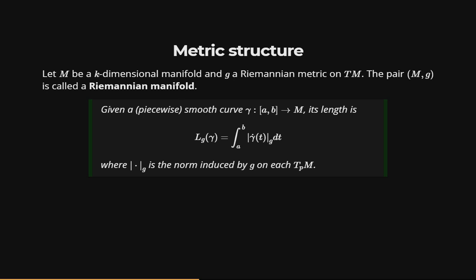Given a piecewise smooth curve gamma from A to B into M, its length with respect to G, Lg of gamma, is the integral from A to B of the norm of the tangent vector. So the norm is the norm induced by G on each TpM.